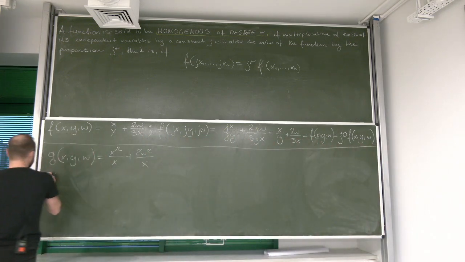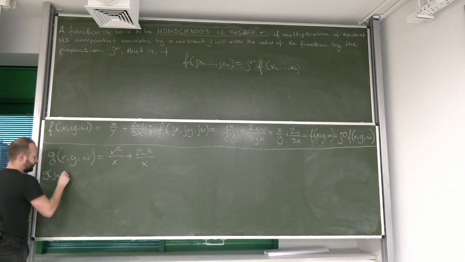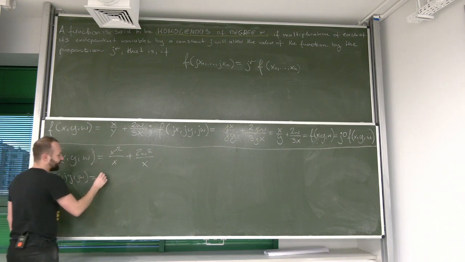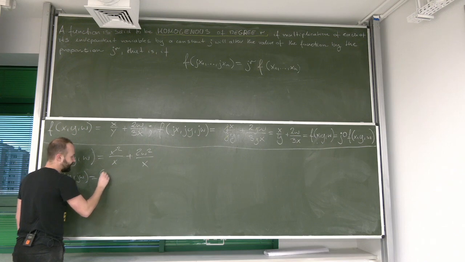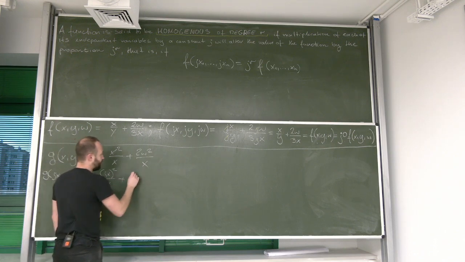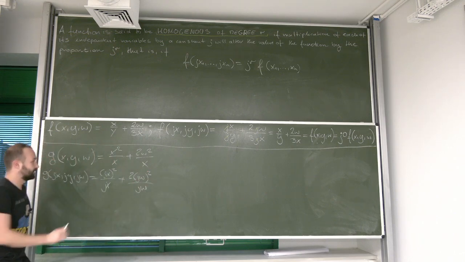In function g, instead of x we should use jx, instead of y, jy, and instead of w, jw, which gives us jx to the power of 2 divided by jx plus 2jw squared over jx.